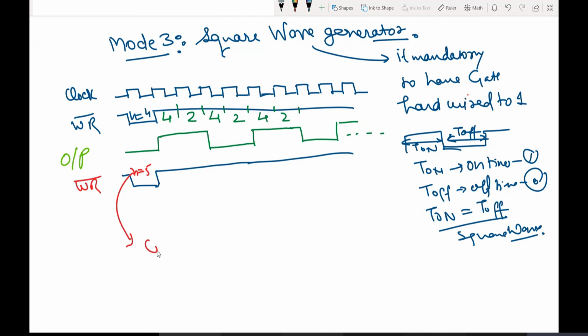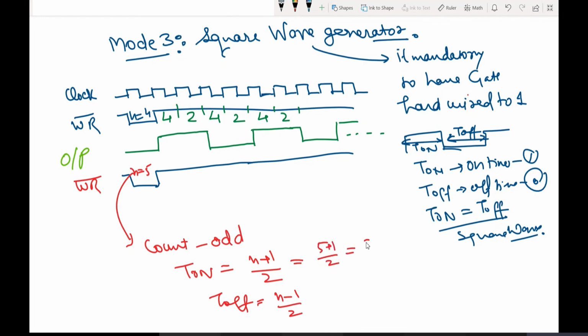In the case of an odd count, T on will be (n plus 1) by 2, and T off will be (n minus 1) by 2. What is the value of n? 5 plus 1 is 6 by 2, that means 3, and T off will be 5 minus 1 by 2, that is 4 by 2, 2. So T on will be 3 pulses, and T off will be 2 pulses.